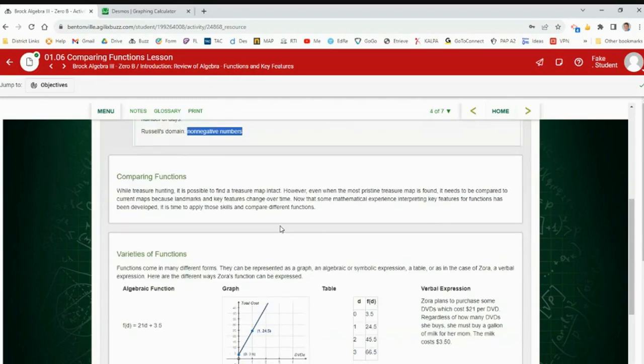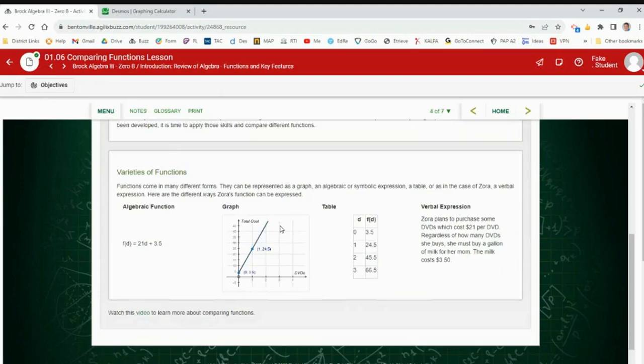All right, so comparing functions. Here's where it gets down to the gravy. We could have a function presented as an equation, which is Zora's DVD function right there. Could be a graph. There's the same thing as a graph. Could be a table with 0 DVDs is $3.50, and 1 DVD is $24.50.